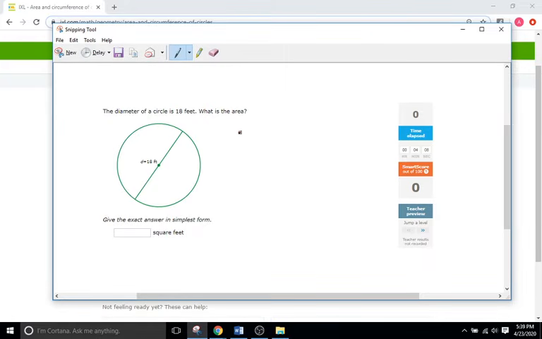So this question is asking, the diameter of a circle is 18 feet. What is the area? So I'll start by saying that the area of a circle is the symbol pi r squared, or pi times r squared.